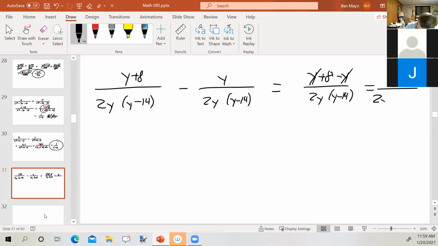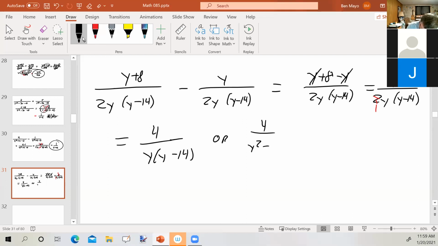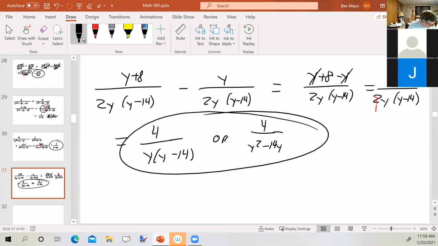So now I've got 8 over 2y times y minus 14. I could reduce the 8 and the 2 to 4 over 1. So now I've got 4 over y times y minus 14, or 4 over y squared minus 14y. Either one of those answers should be acceptable. Any questions there?